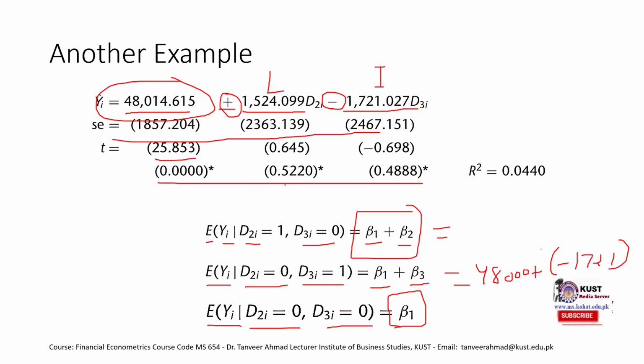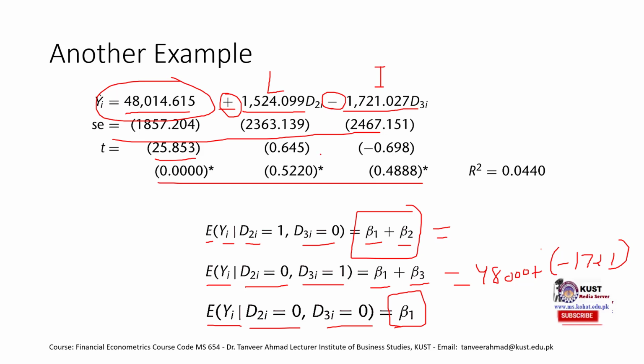In this case, we fail to reject the null hypothesis. So we cannot conclude that the person working in Lahore would have a different salary from the one working in Karachi. And in this case, we again have a P value, so again this coefficient also is insignificant. So we cannot conclude that.